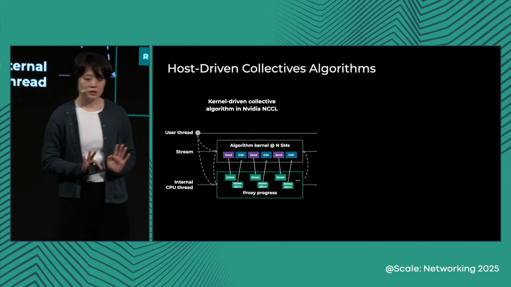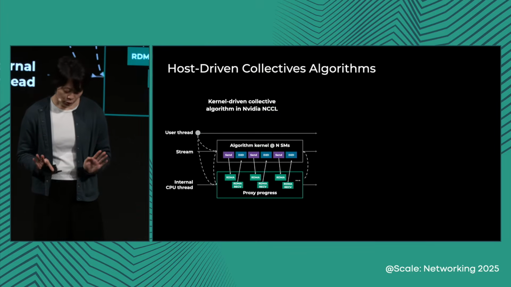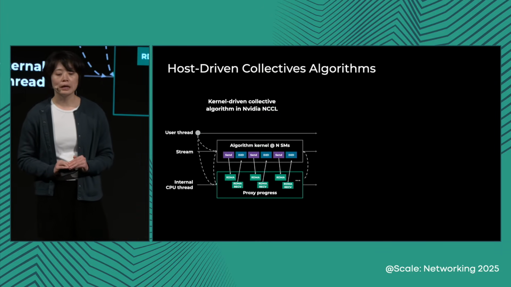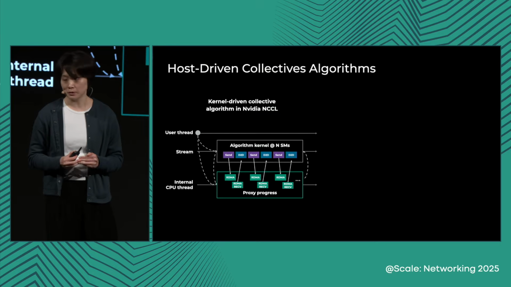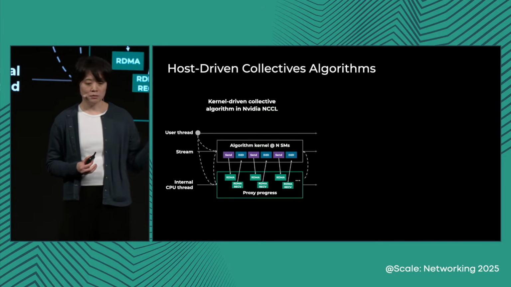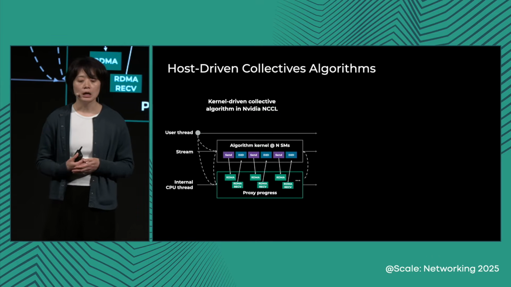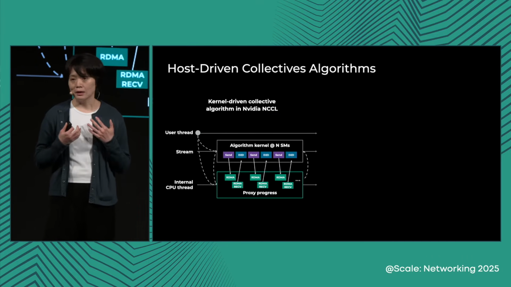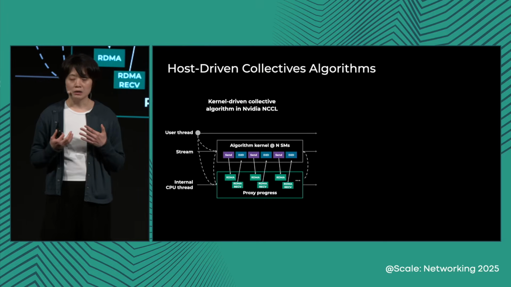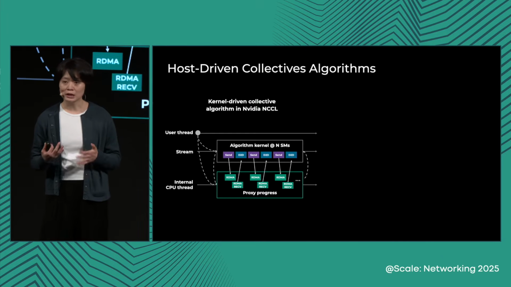So in addition to the zero-copy part, another thing we redesigned in our custom library is the algorithm framework. This diagram shows the original NCCL library, which drives the collective algorithms. Every algorithm is driven by the CUDA kernel.